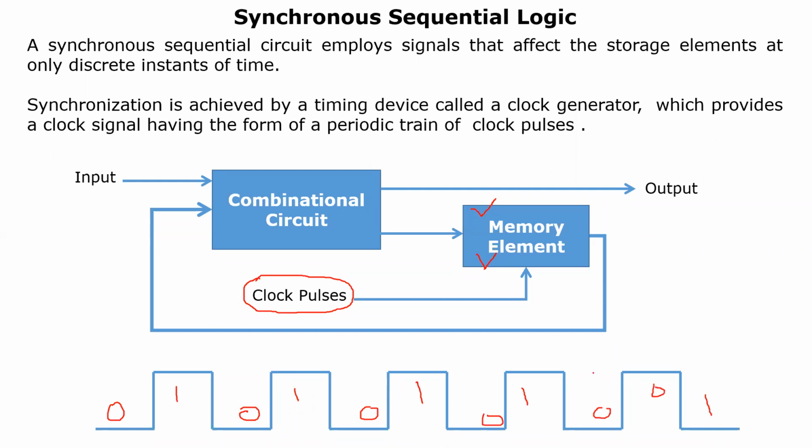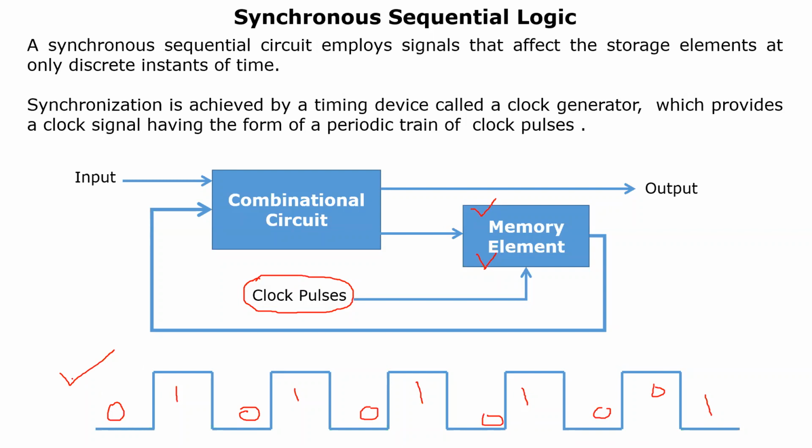This must always be taken into consideration when any sequential circuit is implemented. A sequential circuit must be implemented with the assistance of pulses only. Without pulses, you cannot store anything.